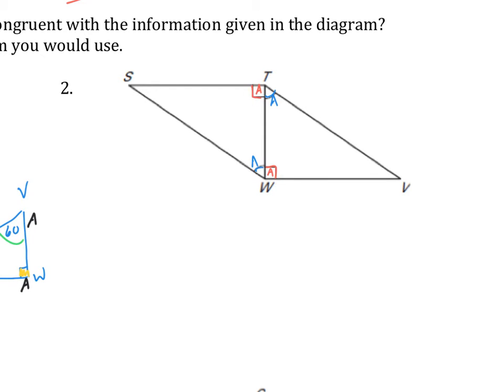So do you see that this side right here, side TW, is the same in both of them? So in this shape, these two triangles, we have angle, side, angle congruence. Okay, because notice that that green line is the same line in both triangles, which gives us angle, side, angle.